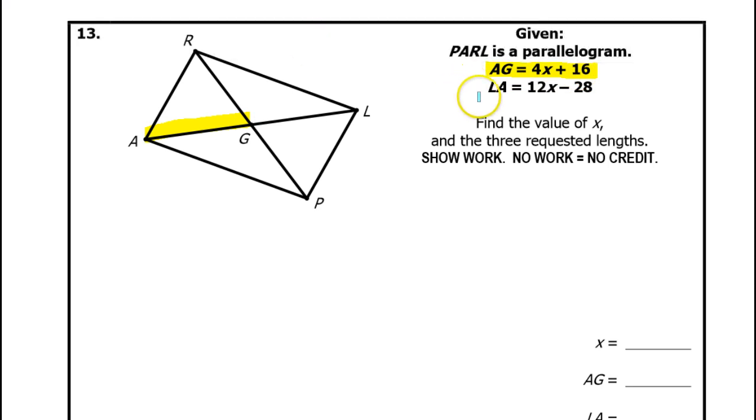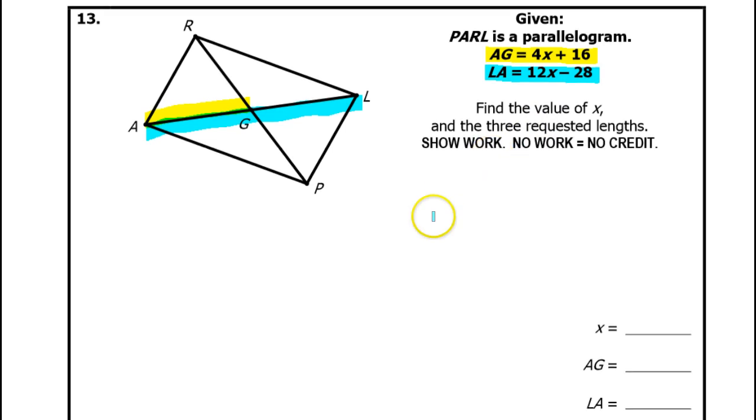And they're giving me LA, which is this, which I will color as blue for easy reference. Should these be the same? I think not. So we are not going to set these equal to each other. That would be a common mistake.